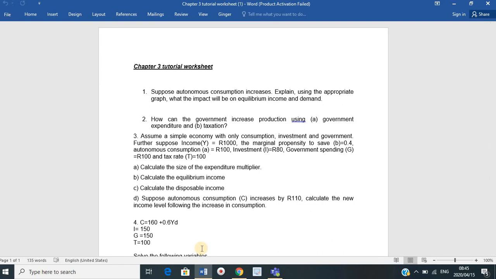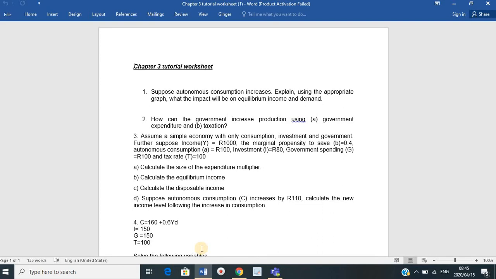Further, suppose income equals 1,000. The marginal propensity to save is equal to 0.4. Autonomous consumption is equal to 100. Investment is equal to 8. And government spending is equal to 100. And tax equals 100.